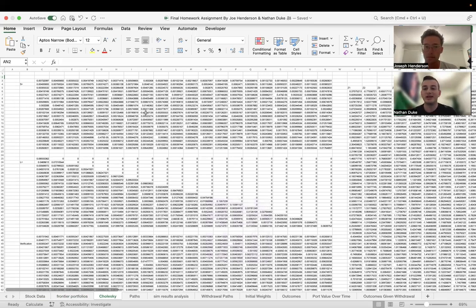Yep. And then using those, starting off with the matrix at the top, that is using the excess returns from the stock data tab, and we created that matrix. And then right below that, matrix L, you can see those are just solid numbers, but that's because we had to create a new Excel file in order to use the Cholesky function.